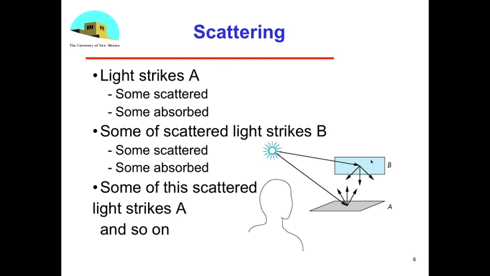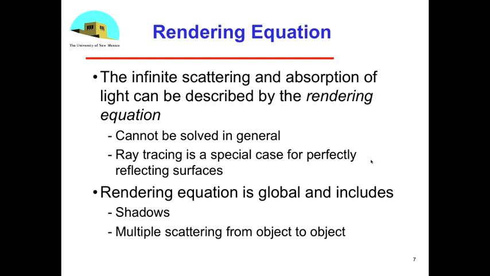The limit of that mathematically is going to give you an integral equation, and that equation we'll look at a little bit more perhaps later in the course, but it's a beautifully simple looking equation, and fundamentally it's an energy balance that says, well, look, all this light coming in is really energy, and we can do an energy balance and write it out in this equation, or you can build up to this equation recursively. But regardless of that, you have this integral equation which really you cannot solve in any kind of analytical way except for special cases, ray tracing being one of the special cases.